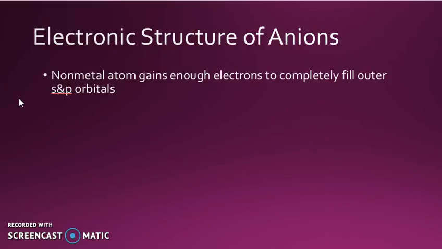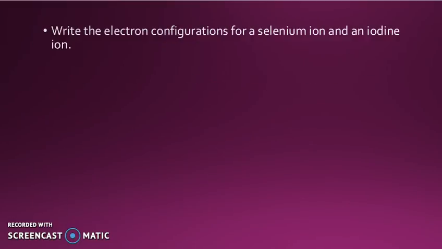Non-metal atoms will gain enough electrons to completely fill their outer s and p orbitals, always. So these will be a little bit easier. If we want to write the electron configurations for a selenium ion, selenium is atomic number 34. So again, the noble gas right before it is argon.